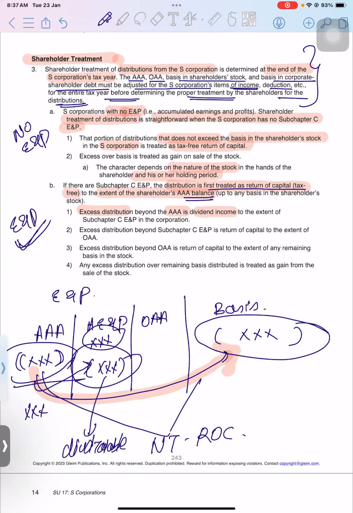Clear? If there is still an excess distribution and you have an OAA balance, then up to the OAA balance it will again be considered a return of capital. If something is still remaining, you will consider it a capital gain.